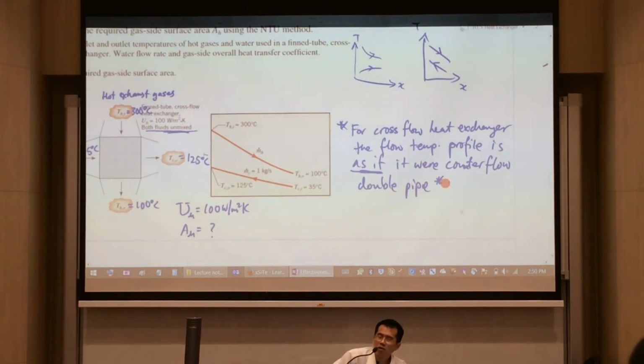So that's the one that we kind of standardize on. Cross flow is neither parallel nor counterflow, but the way that we are going to do is to sketch it as if it is a counterflow heat exchanger. That is for cross flow. Right? So that's why you could see this graph over here. It looks very similar to a cross flow heat exchanger.